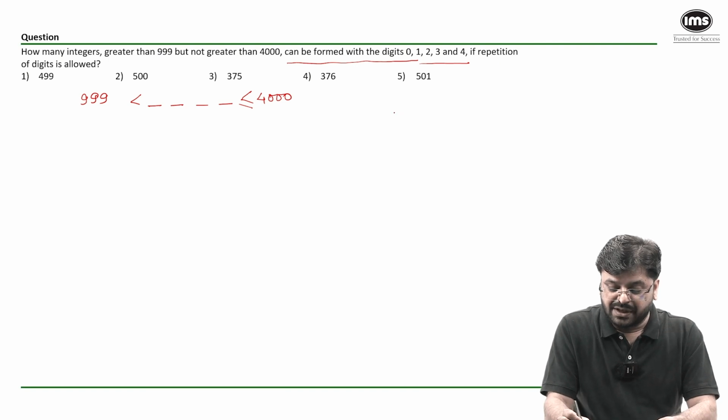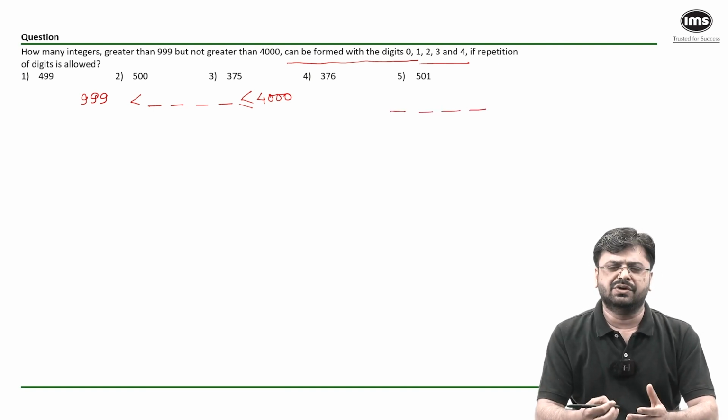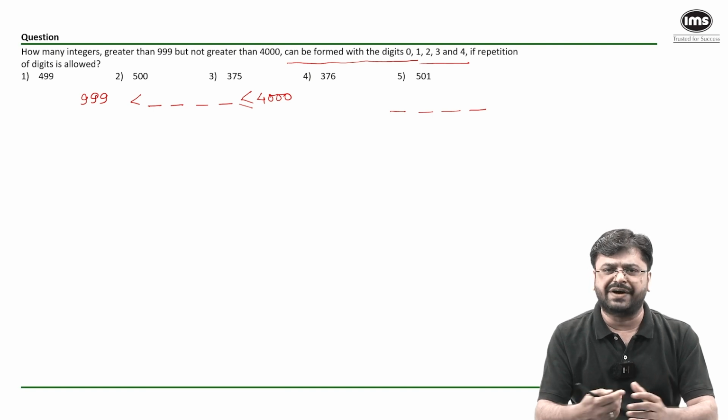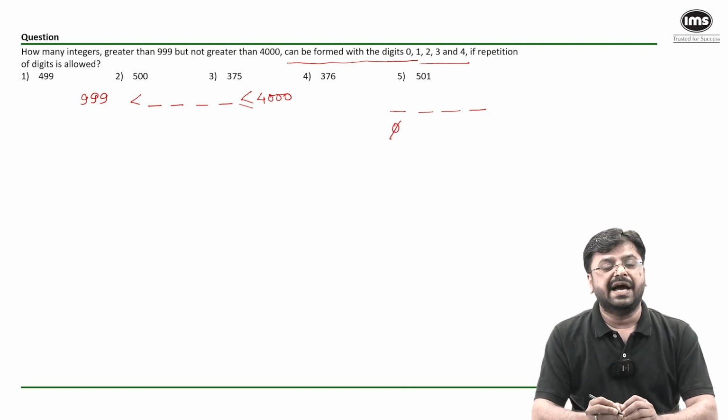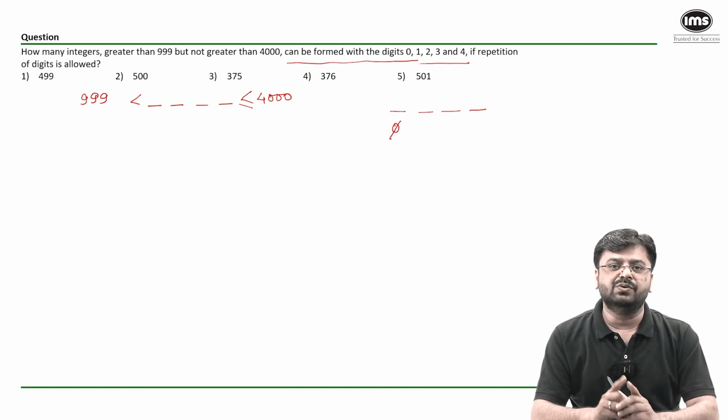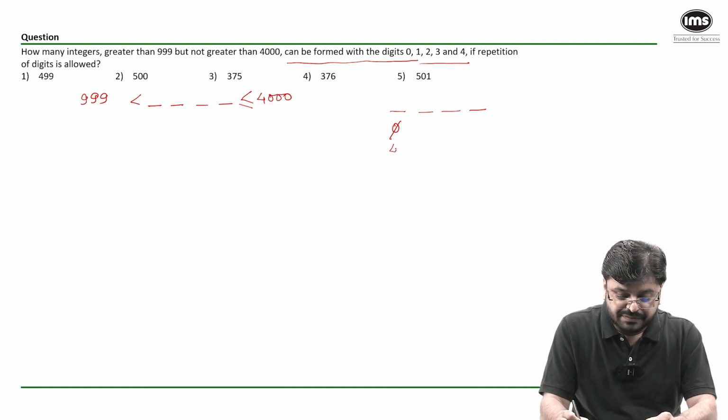Understand, whenever you want to make a 4-digit number, your number cannot start with 0. Even if it is a 3-digit number or a 5-digit number, you cannot start it with 0. So I cannot place 0 at the 1000 place. At the same time, if I use digit 4 at the 1000 place, there is a problem.